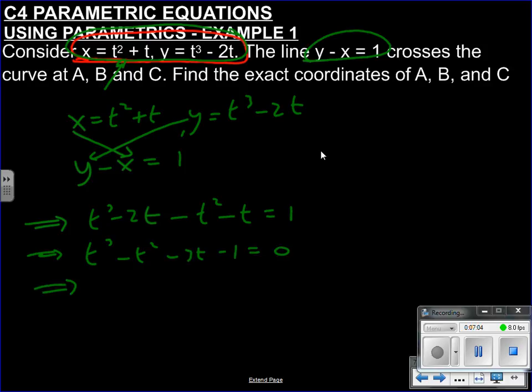How would we find a factor of that? We could use our C2 factor theorem, or numerical methods, but I reckon the factor theorem would work. So if I let f of t be t cubed minus t squared minus 3t minus 1, I just need to find that factor.